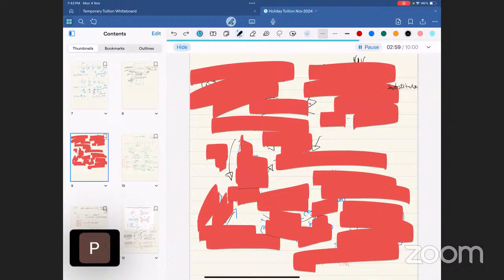At this point, you should be around more than 50% into the memorizing, hopefully more, but definitely more than 50%. If you're struggling, please tell me. Yeah?